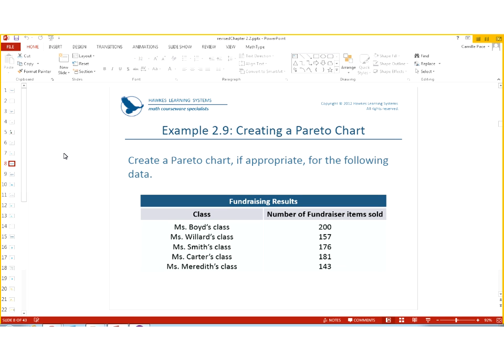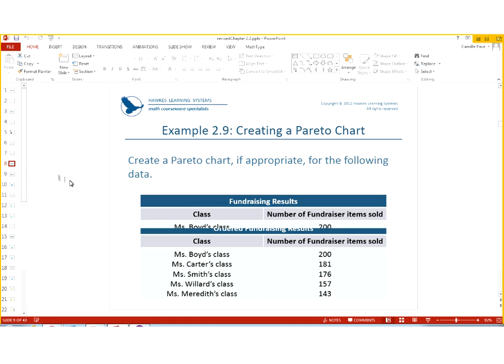You can create a Pareto chart, which basically is a different type of bar graph. So look, we have new data. We had fundraising results for 5 different classes, and we're trying to see the number of fundraisers with the items sold. So let's look, and we see Miss Boyd's class sold 200, which was the most. The least amount sold was Miss Meredith's class with 143.